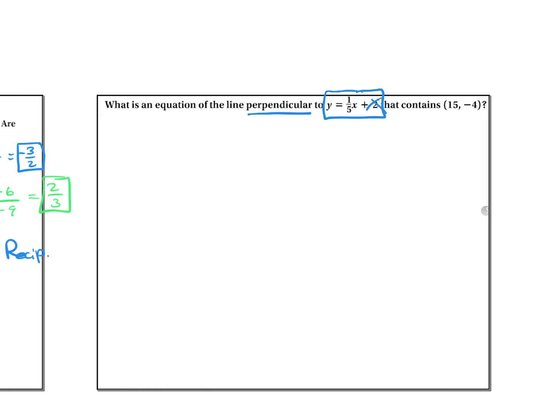Nope, I'm going to cross it out. So here the slope is 1/5. A line perpendicular will have a slope of what? Good. -5. Because you take the negative reciprocal. And so you get a slope of -5. That's the slope we need to use. This is the point we need to use.